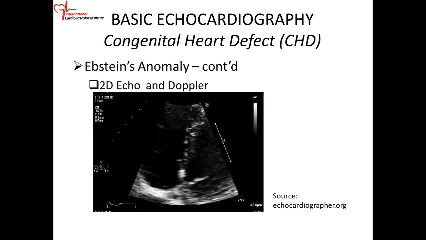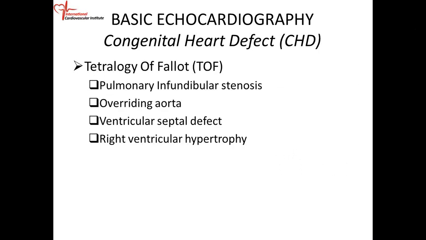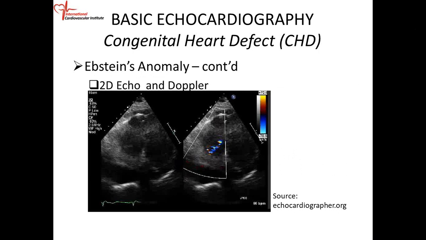The tricuspid valve is very low into the RV apex, mainly the septal leaflet, and you tend to get tricuspid regurgitation as well. Again, it's not very common, but it appears on all exams, very testable, and so you need to know it.